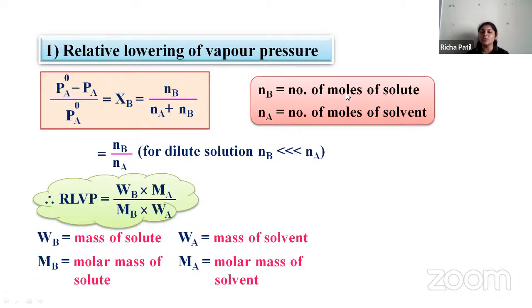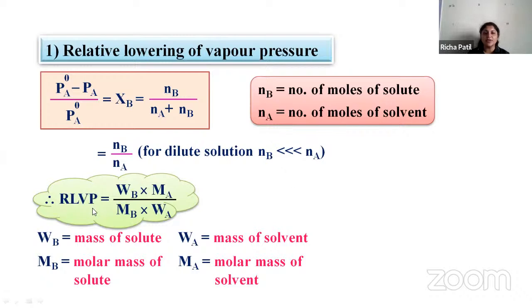NB is the number of moles of solute, and NA is the number of moles of solvent. For a dilute solution, NB is very much less than NA.